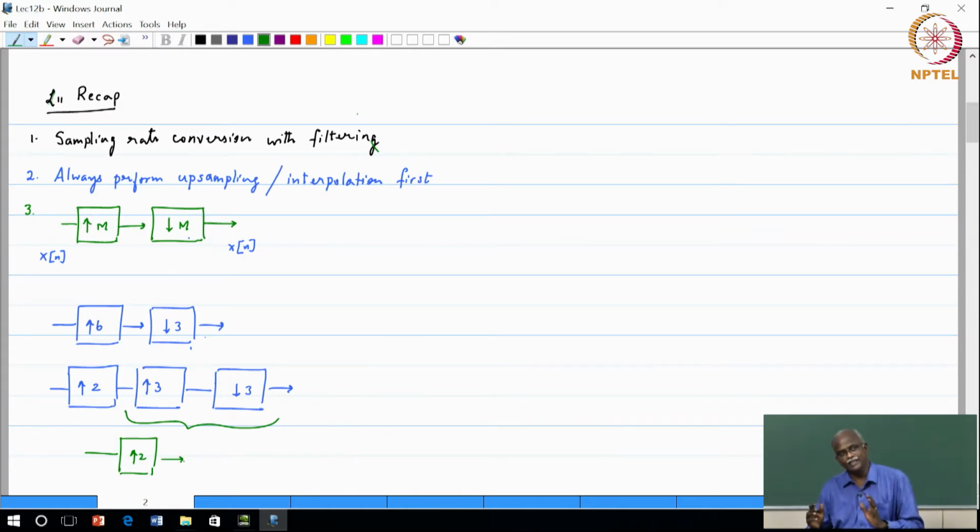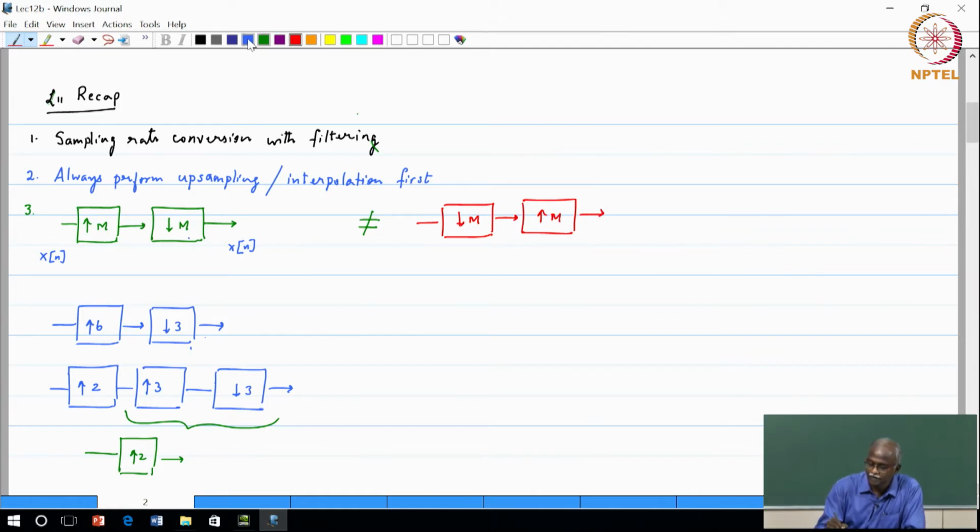Again, in this particular example it is probably very obvious to see, but there are structures where you see these multiple operations and you can take advantage of this result, which is a good thing. We said that this combination is not equal to sampling rate conversion in the other direction, if I do the downsampling first followed by the upsampling.